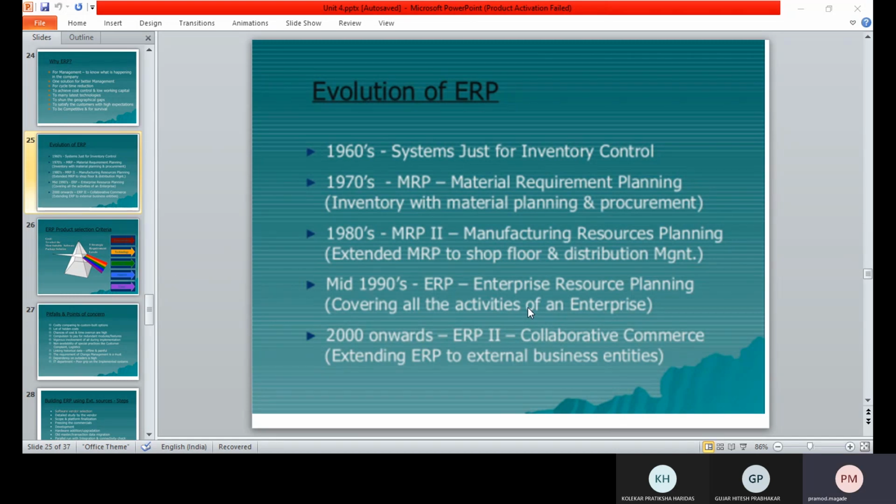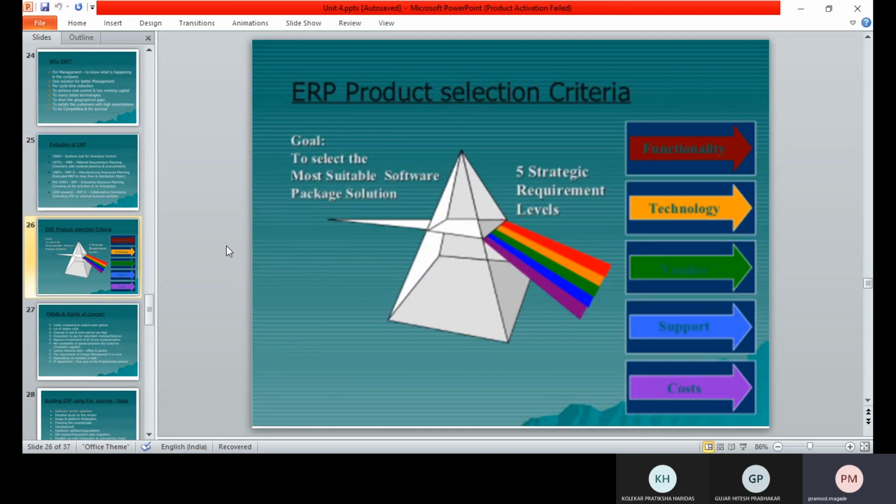Done, sir. Okay, good. Now, see here, in this case, what happened? This will be the evolution. Now, ERP product selection criteria. Basically, the selection criteria is on the basis of the terms which are important, or branch wise, such as production department, maintenance department, R&D department.